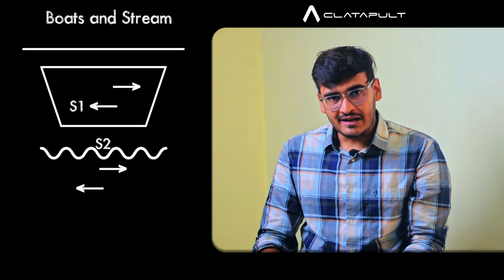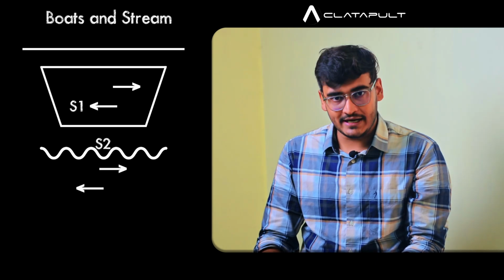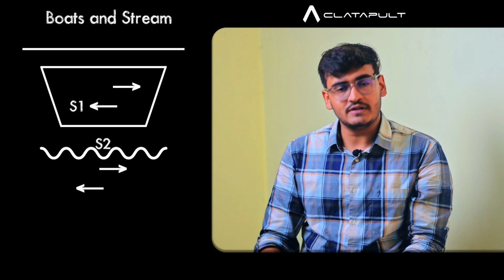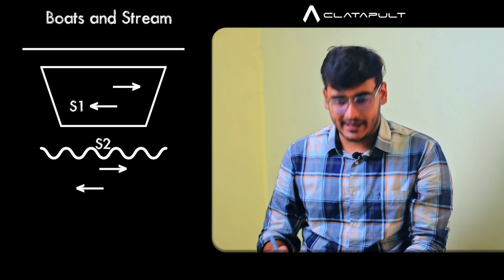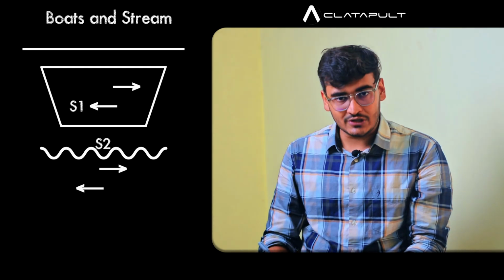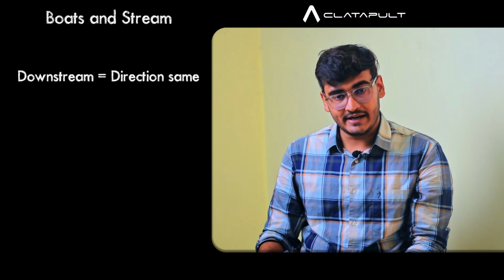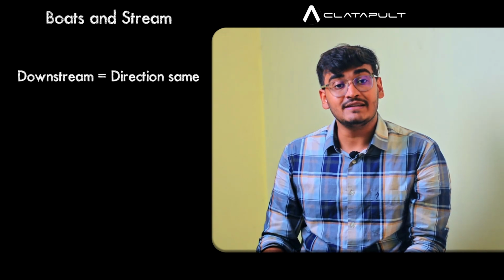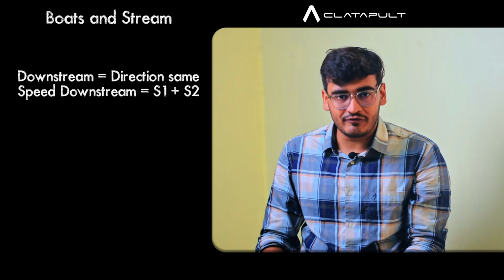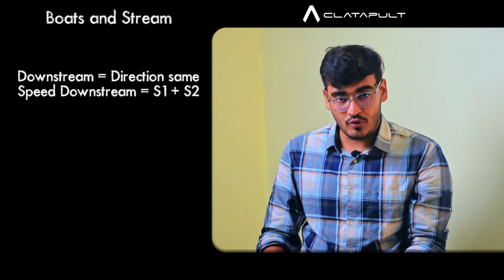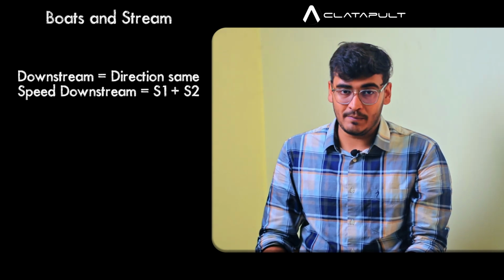When the direction of the boat is the same as the direction of the stream, let's assume that the direction of the boat is from left to right and the direction of the stream is also from left to right, this case is called downstream. So when the directions of the boat and the stream are the same, it is called downstream, and we will have a speed downstream which is speed of the boat plus speed of the stream. In our example, speed of the boat is s1 and the speed of the stream is s2. So speed downstream will be s1 plus s2.